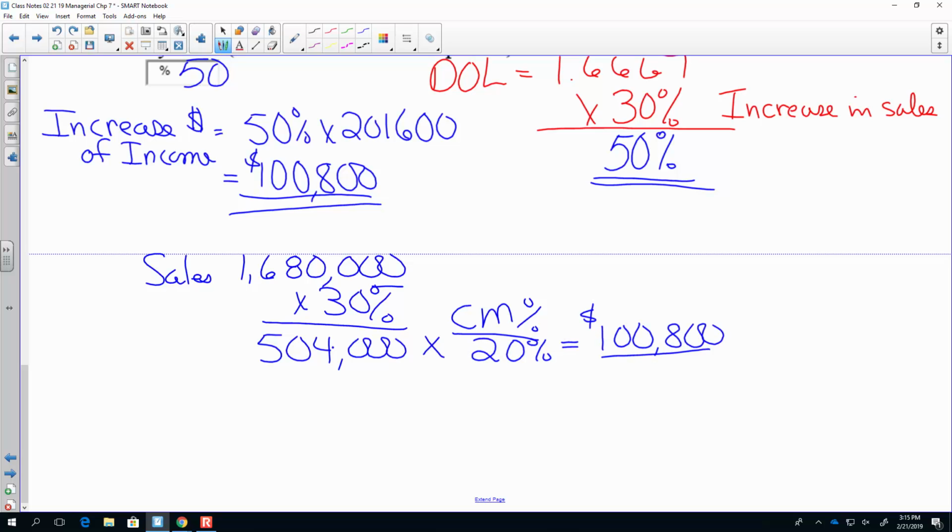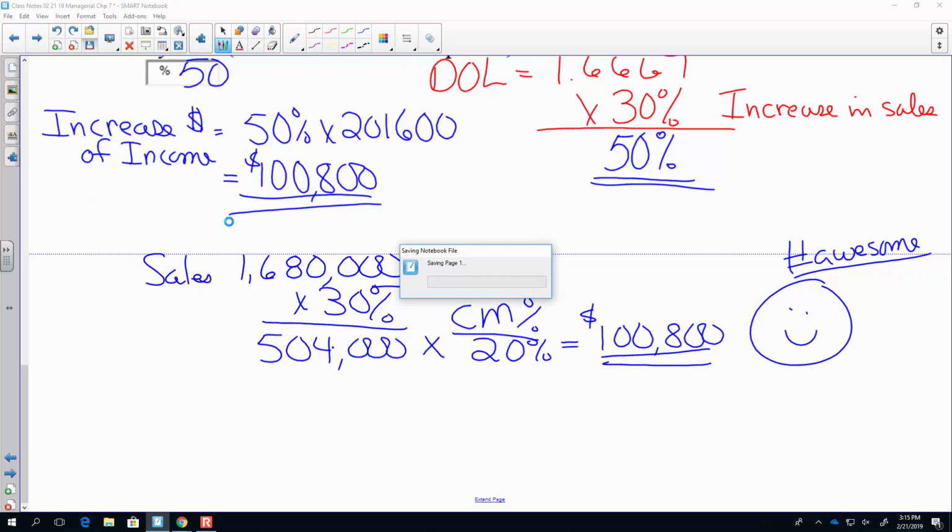Oh, yes. Let's end on a good note. It came out both ways, right? And that's the kind of thing that I'd like you to start thinking about doing, if you can, to verify that this DOL computation is working, right? So that's the goal here.